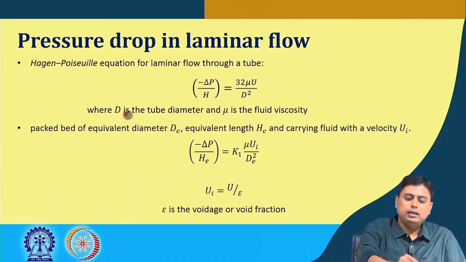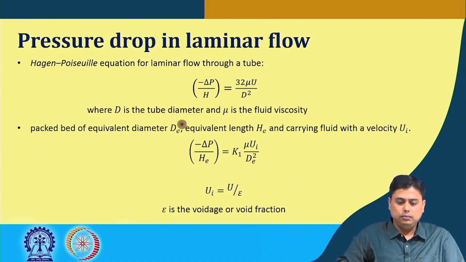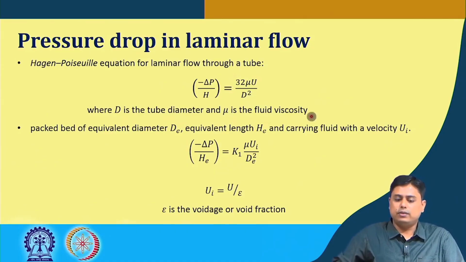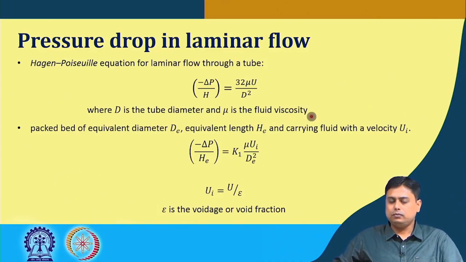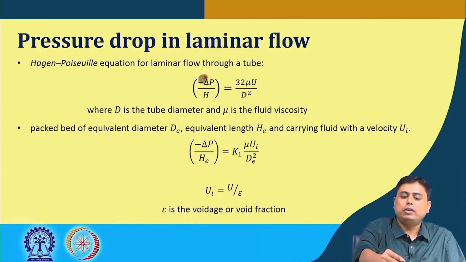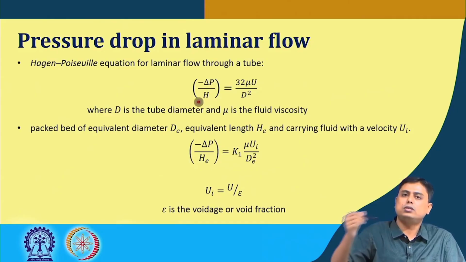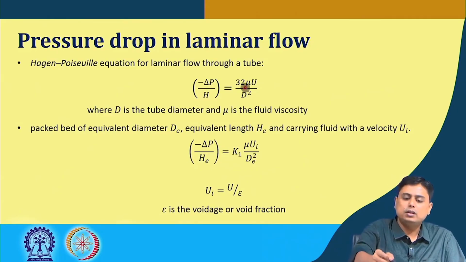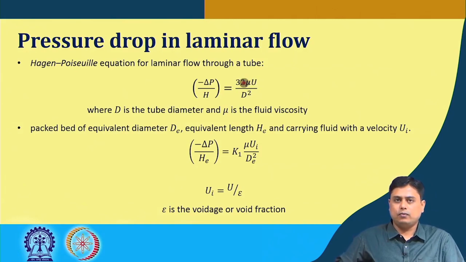where d is the tube diameter or the pipe diameter and mu is the fluid viscosity. The rest of the parameters we have already defined: this is the pressure gradient per unit length, or per unit depth of the bed, and u is the superficial velocity.